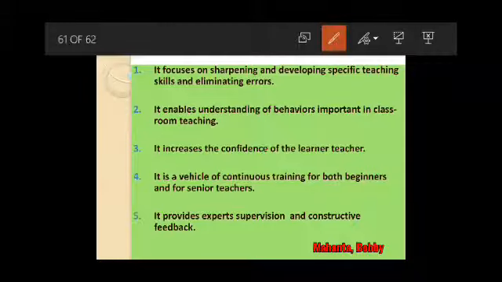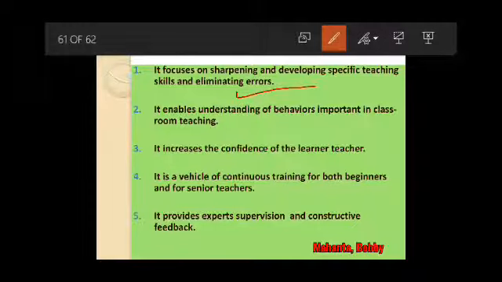Obviously, you have learned something, isn't it so? Well, let us briefly sum up that micro teaching focuses on sharpening and developing the specific skills in teaching. Remember this, okay?